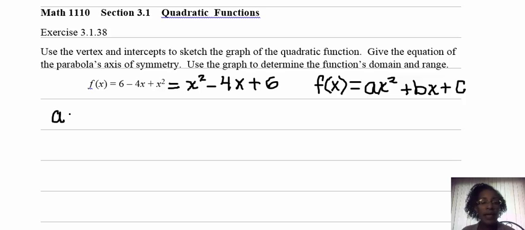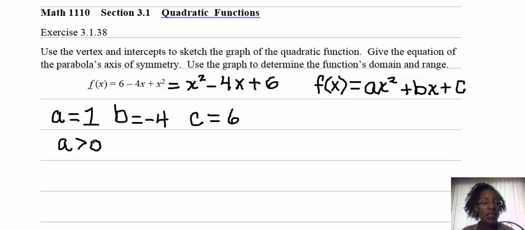So we see that a is an unwritten 1, x squared is the same as 1x squared, b is negative 4, and c, which is the constant, is 6. Since a is bigger than 0, since a can't be 0, it's either bigger than 0 or smaller than 0 for a quadratic function, the parabola opens upward.